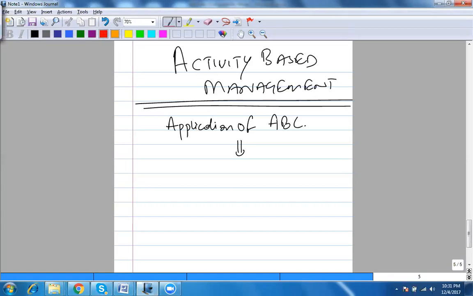A quick recall: under activity-based costing, the production-related overheads need to form part and parcel of the cost of inventory, and to do that, we apply activity-based costing.